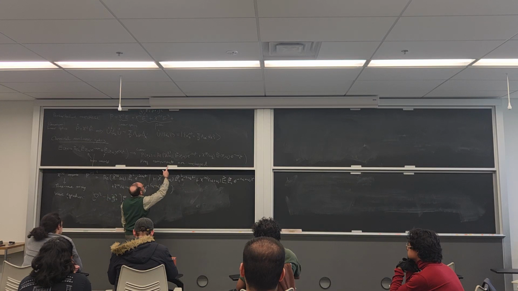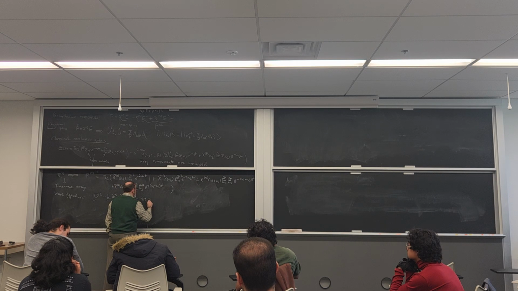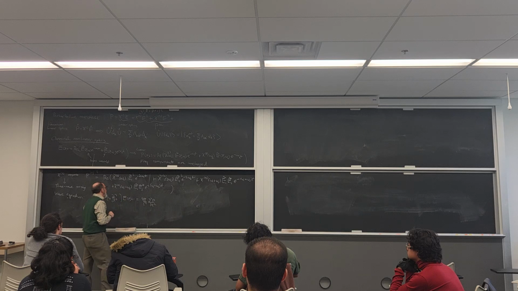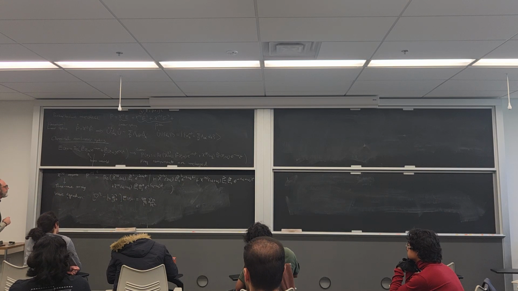And at the end of the day, because the current is the derivative of polarization, what you end up with is the following. In my crazy set of units. Okay, so very good.